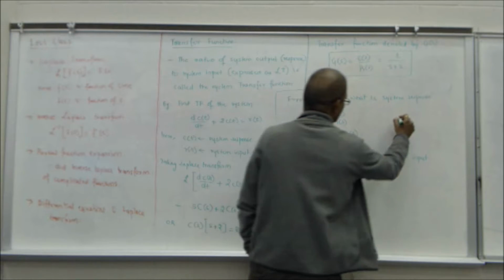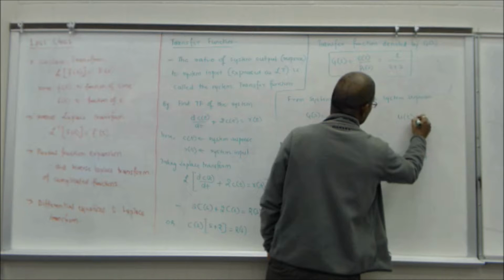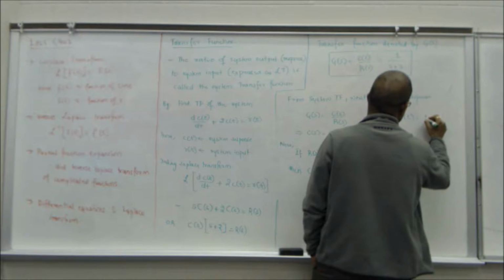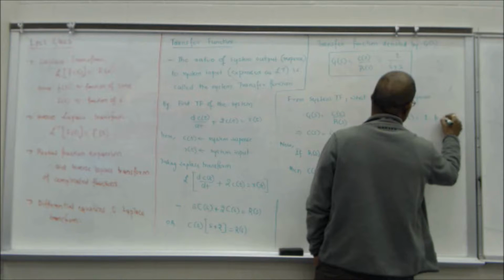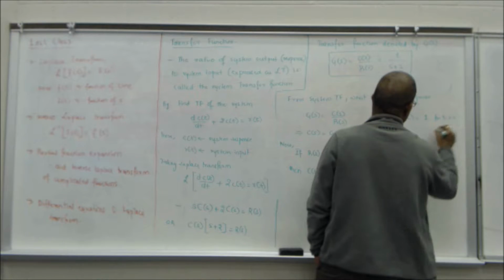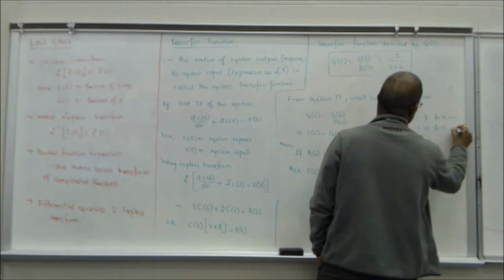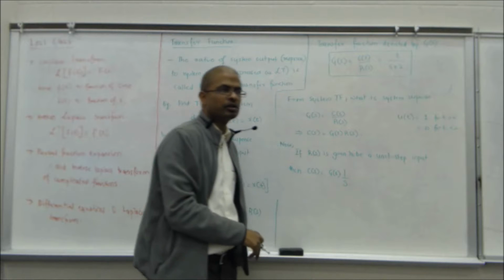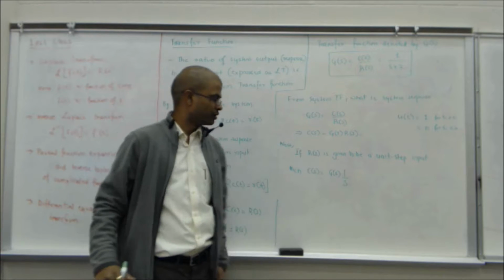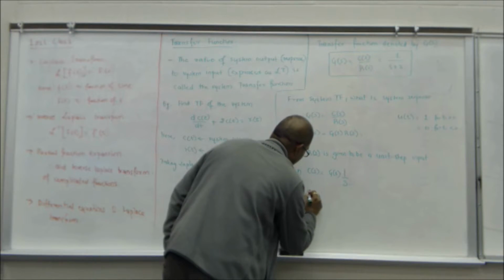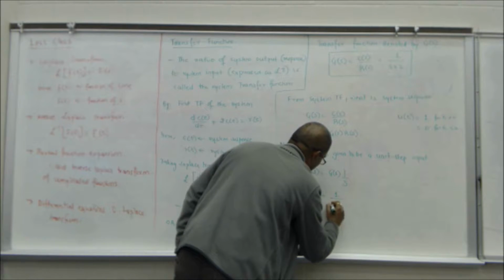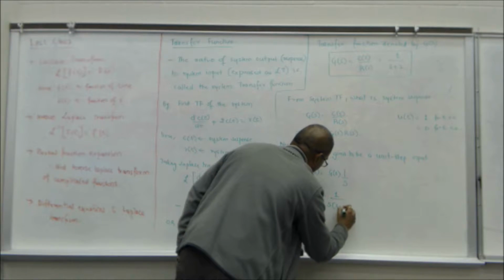So you remember this: U of t is equal to 1 for t greater than 0, and equal to 0 for t less than 0. When you take the Laplace of this, it becomes 1 over s. So C of s is equal to 1 over s into s plus 2.